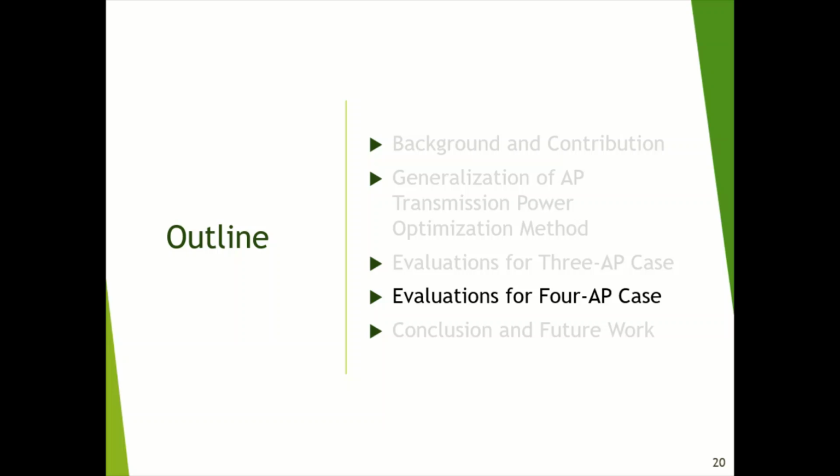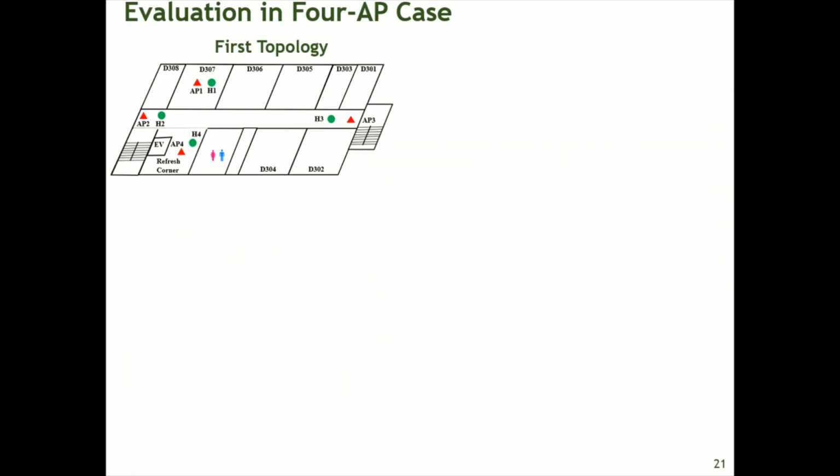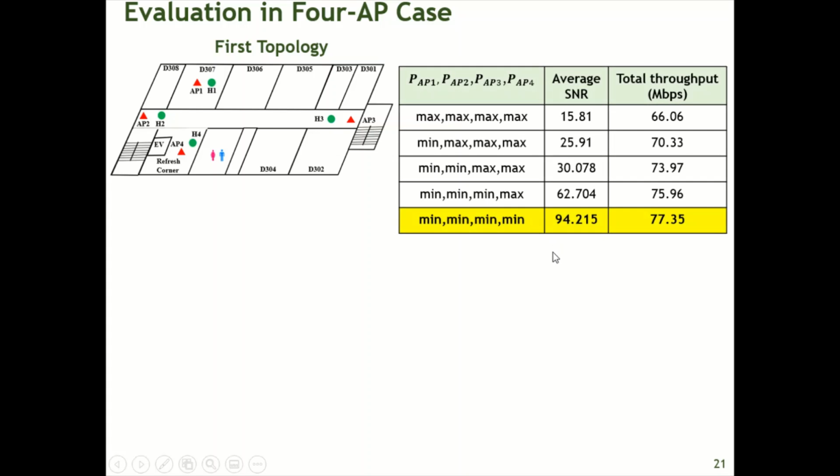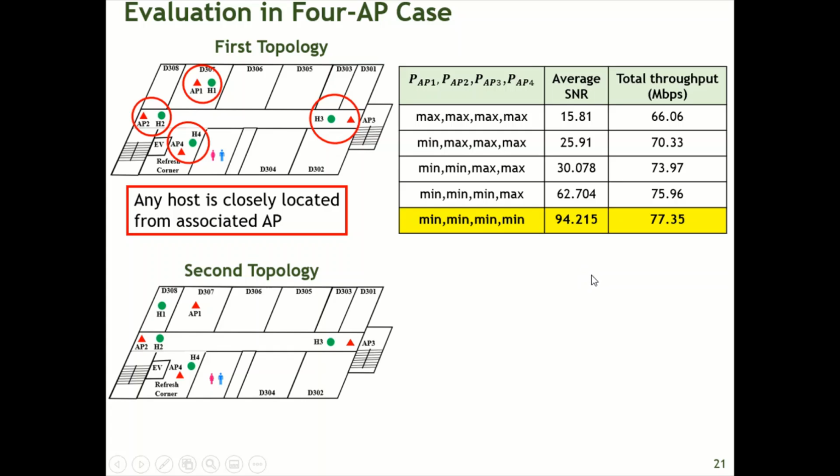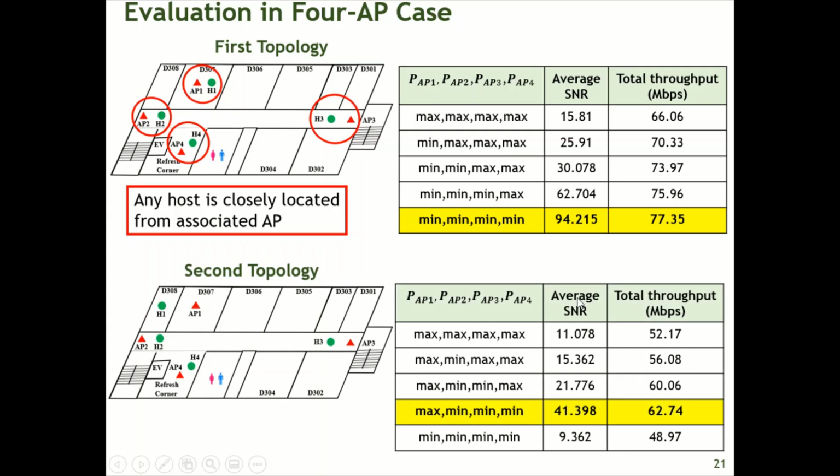Next, I will show the evaluation for the 4 AP case. In the first topology, the AP and host are at close distance. In this topology, the method can select the best power for all APs. The best power is minimum for all APs because every host is located close to its associated AP. Then, for the second topology, again, the method can select the best power for all APs. In this topology, the best power for AP1 becomes maximum because host 1 is in a different room.